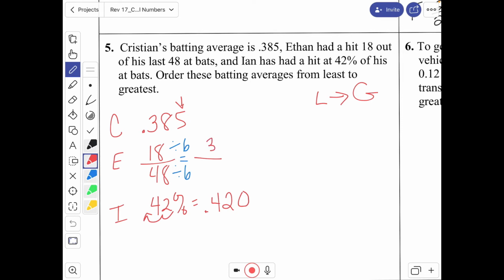So 18 divided by 6 makes 3. And 48 divided by 6 makes 8. And I hope you memorized what 3/8 is as a decimal. If not, you're going to divide it out. But if you remember, you can just write what it is.